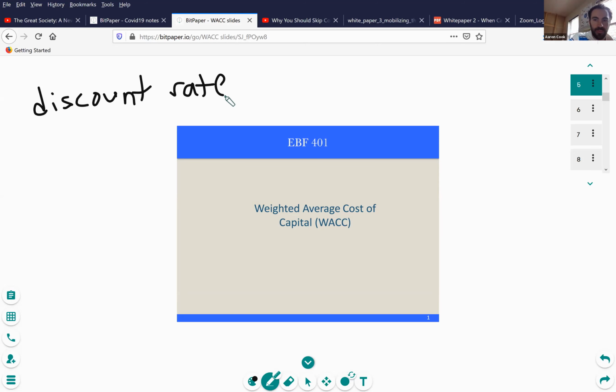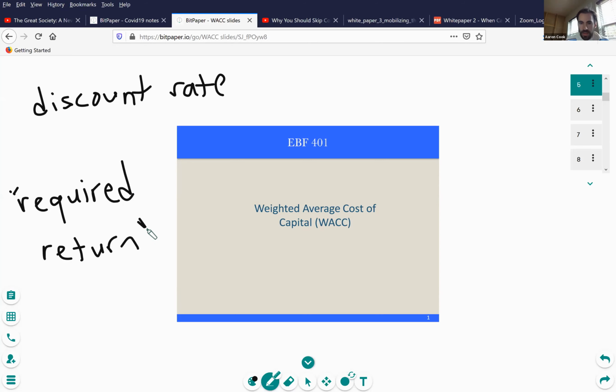It's also synonymous with this term required return. I think in fact we may have used this at some point in the previous assignments. I may have actually referred to this as the required return. So it's the cost of capital or the required return or the discount rate.